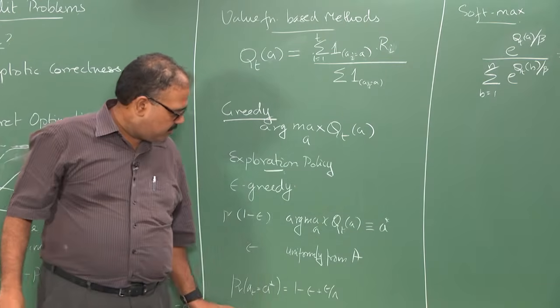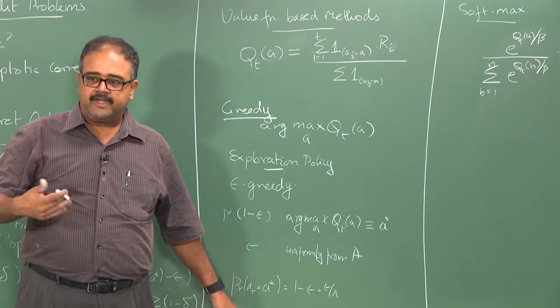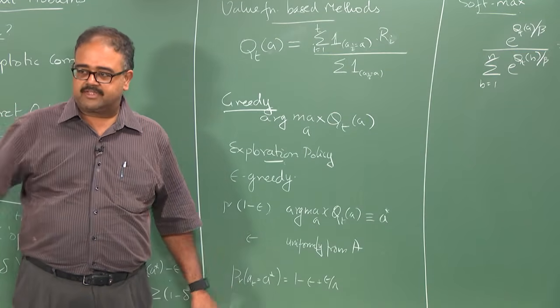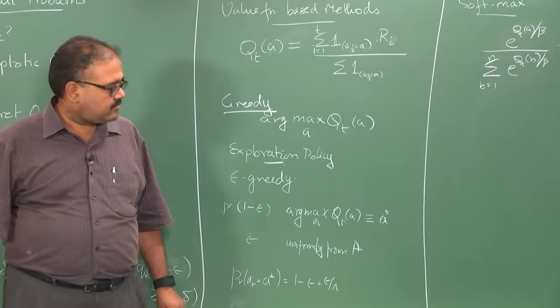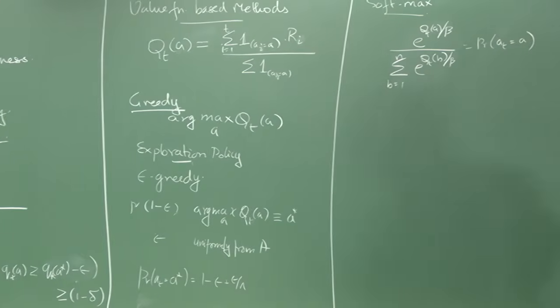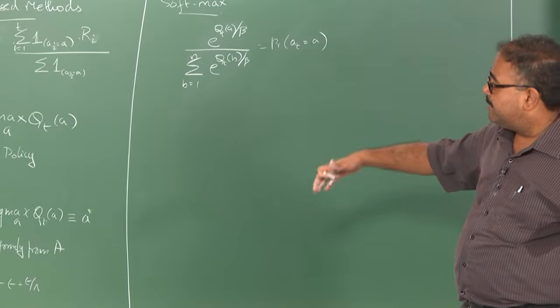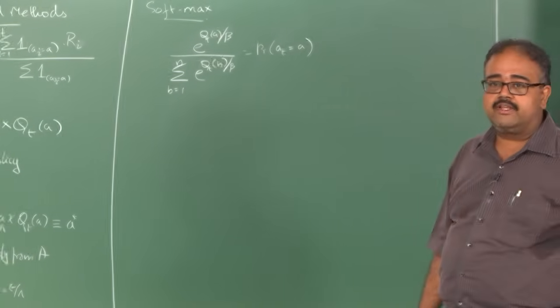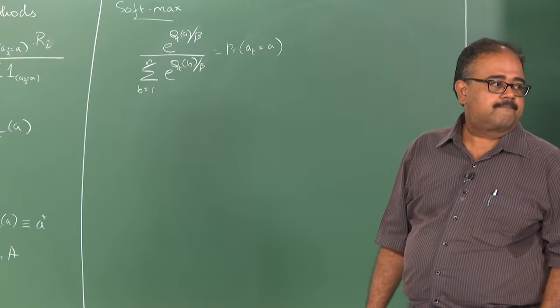The probability of AT equal to A, which is not equal to A star, will be epsilon by n. And likewise here you have these probabilities. So these are the two rather popular ways of selecting actions. In fact, epsilon greedy and softmax are also used in the full reinforcement learning problem.